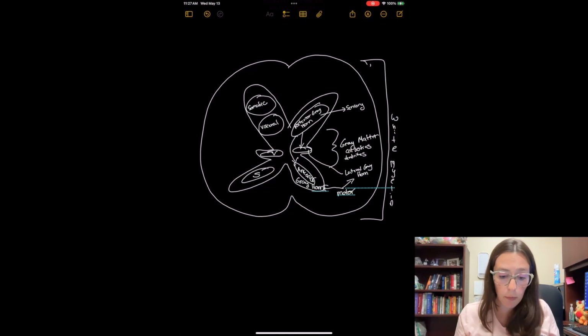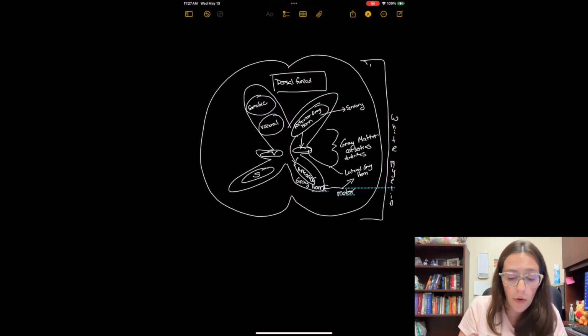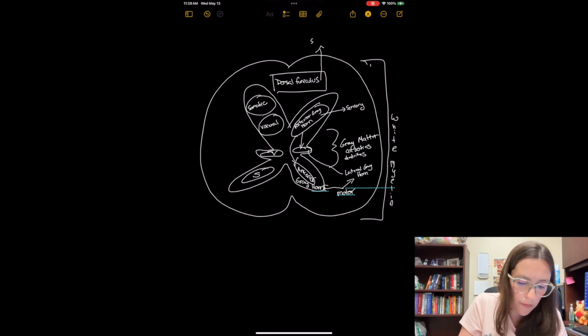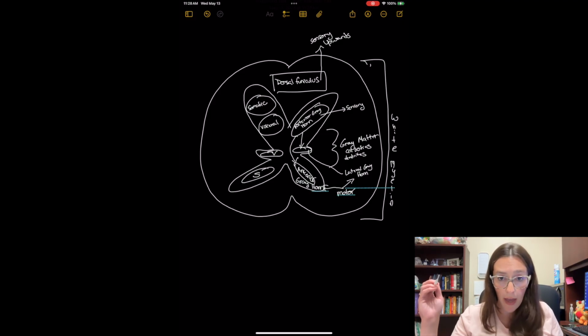It needs to move with some speed. So in the very back, we have the dorsal funiculus, and this is going to be primarily sending sensory signals upward. And there are specific tracks for specific types of sensory signals that are going to go up through the back.